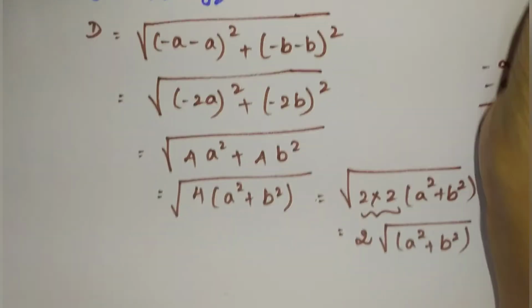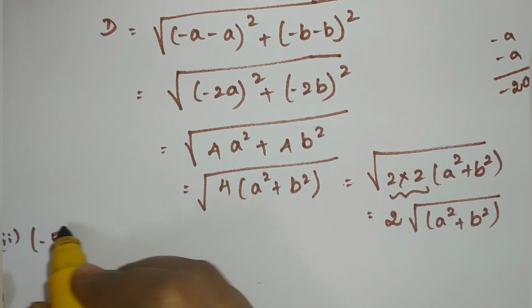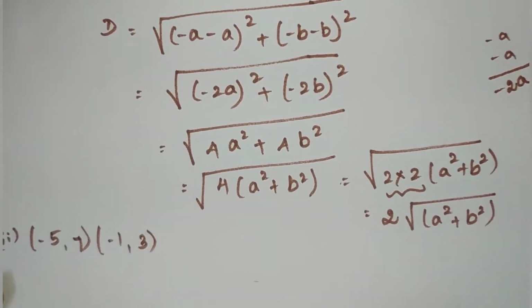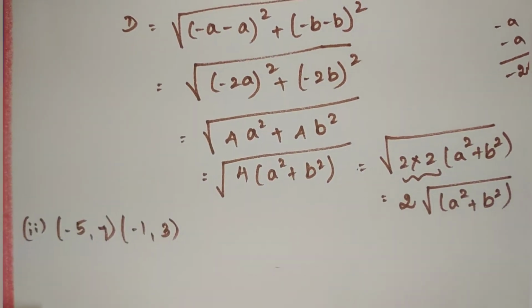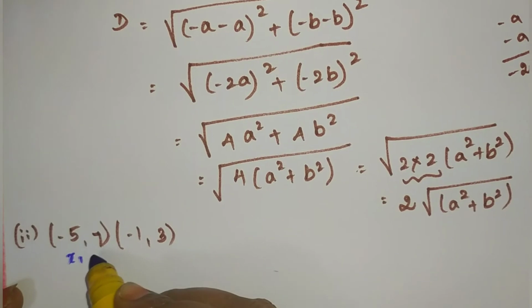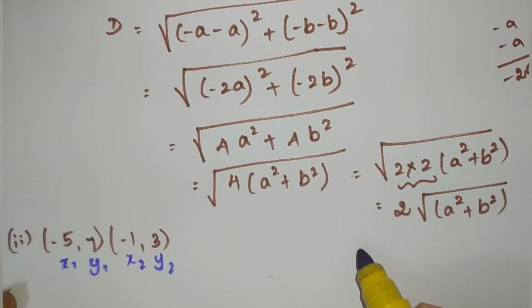Next one, second subdivision problem is minus 5, 7 and minus 1, 3. Children, tell me first what we have to write. x1, y1, x2, y2, and write the formula.